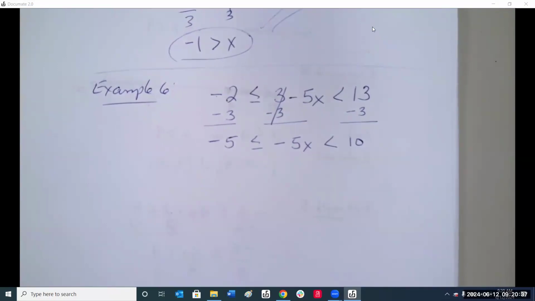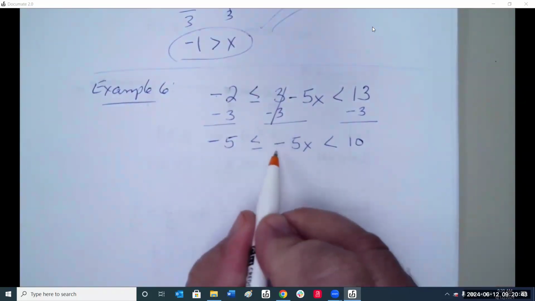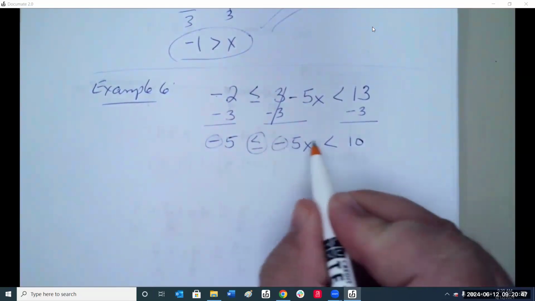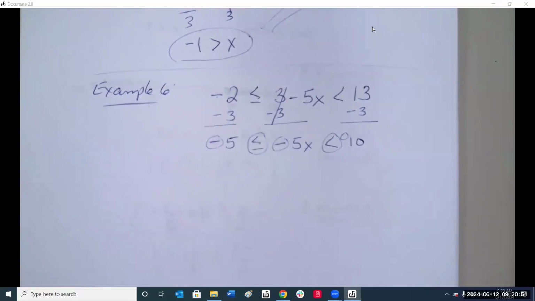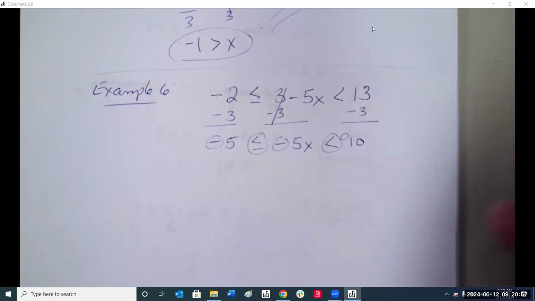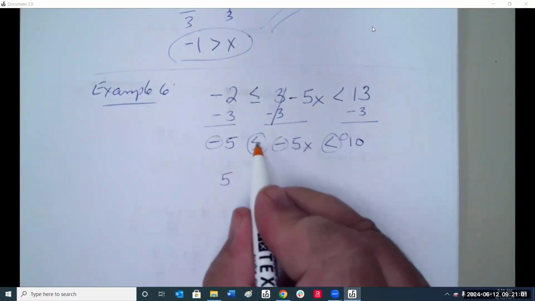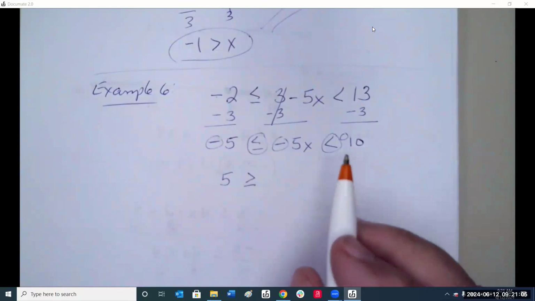Now, the coefficient in front of x has a negative. So we have to get rid of that negative sign. So change everything. Change all the signs of the numbers and change the directions of the inequalities. So from -5, it goes to +5. From less than or equal to, it goes to greater than or equal to.